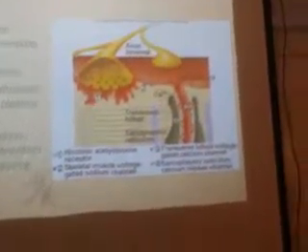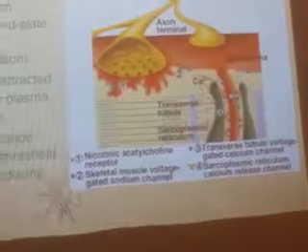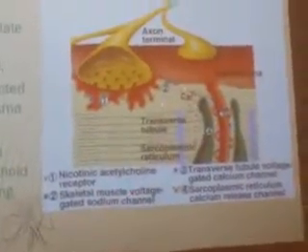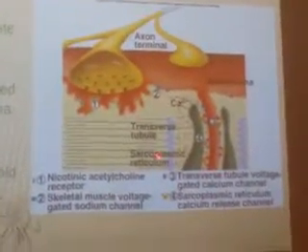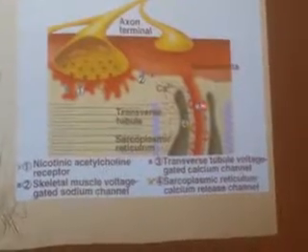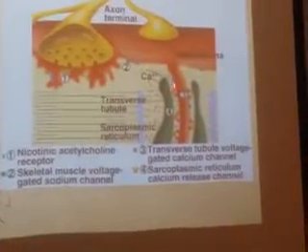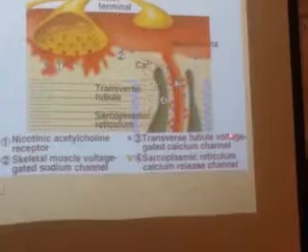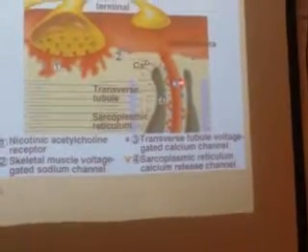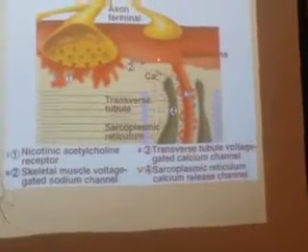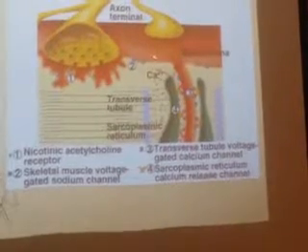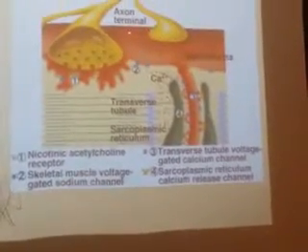You can see here in this picture the skeletal muscle voltage gated sodium channel. Number 3 is the transverse tubules, T tubules, with voltage gated calcium channels. Here calcium channels are there in the transverse tubule. Don't confuse this with the calcium in the nerve.